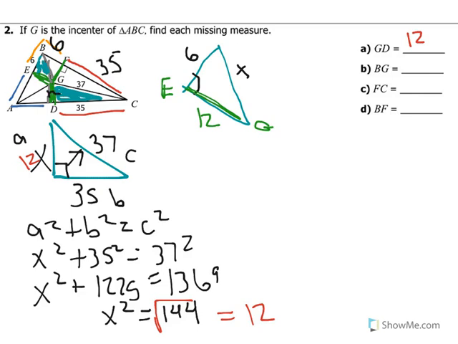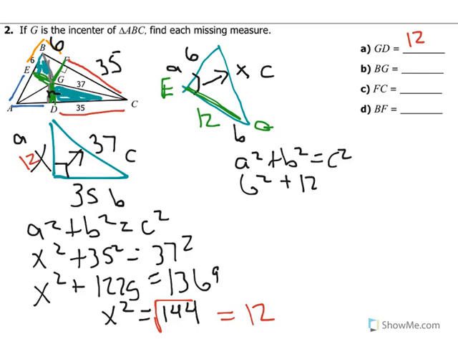So we have 12. Now we're going to use Pythagorean theorem. I've got my C labeled across from the right angle. A squared plus B squared equals C squared. 6 squared plus 12 squared equals x squared.